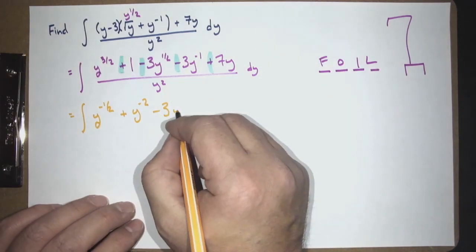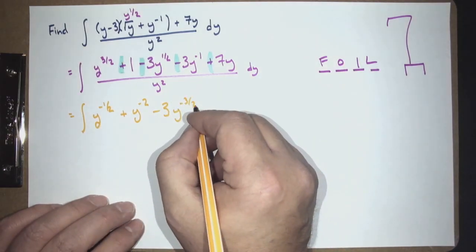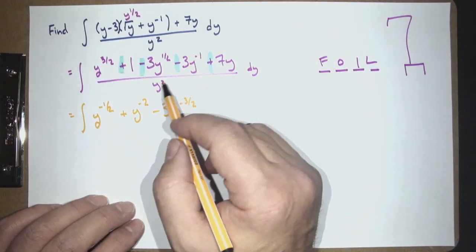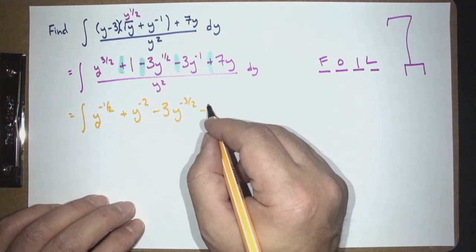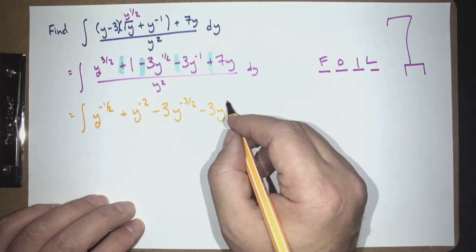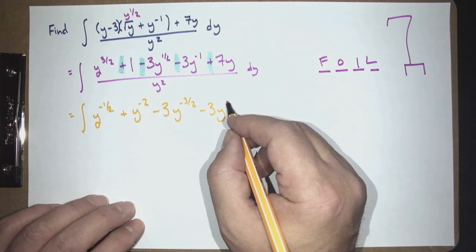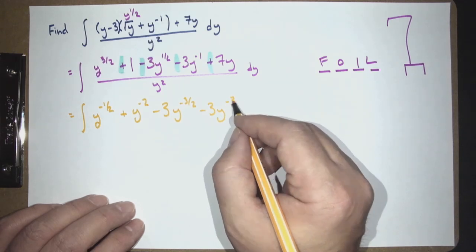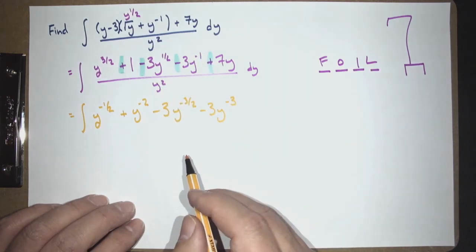Y to the -3/2. Y to the -1 divided by y squared becomes y to the -3, minus 1 subtract 2.